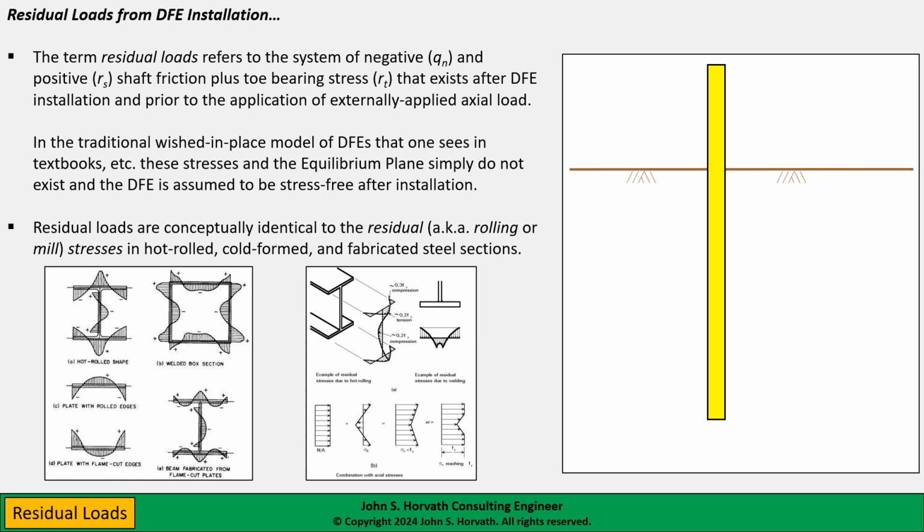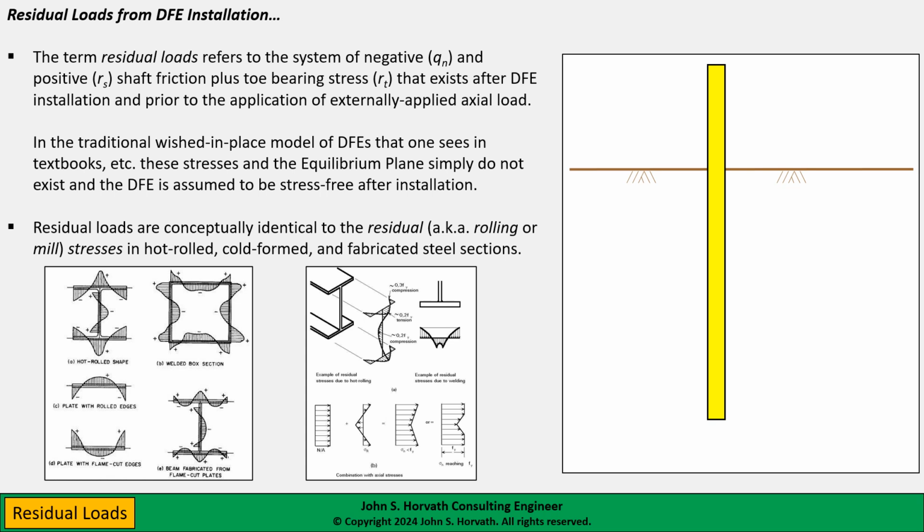Now, residual loads are conceptually identical to the residual, or sometimes they're called rolling stresses or mill stresses, residual stresses that you find in hot rolled sections. I'm adding cold formed here as well, because cold formed sections have been and are used in some cases as deep foundation elements.